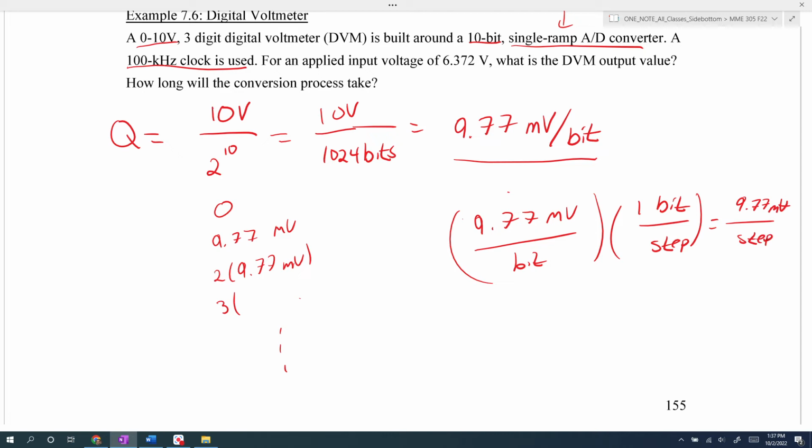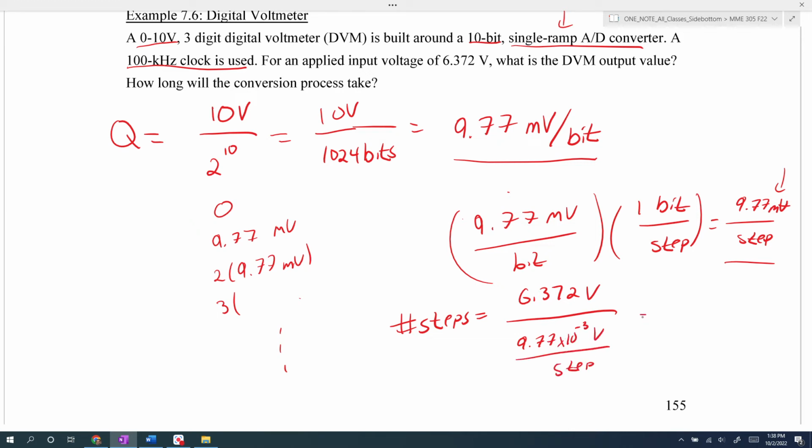Now we're going to use this value to determine the number of steps that the ramp converter needs to make until we get to the measured value. So we calculate the number of steps by taking the input voltage, 6.372 volts, and dividing it by our 9.77 times 10 to the minus third volts per step.